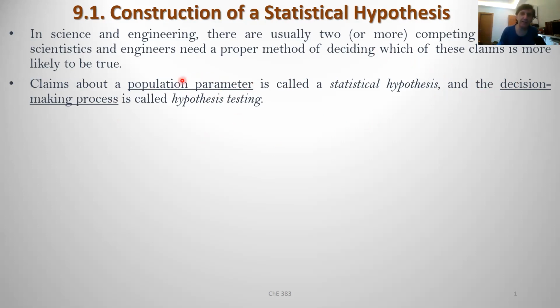This second part is going to be nothing new in relation to what we have learned in terms of probability. It's just an application of what we have learned, in a certain specified manner, whereas the construction of a statistical hypothesis might be the novelty in this chapter.